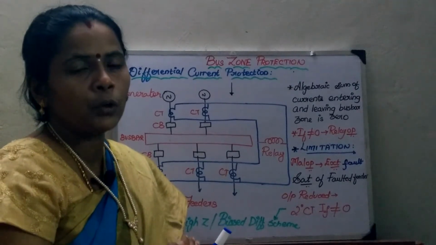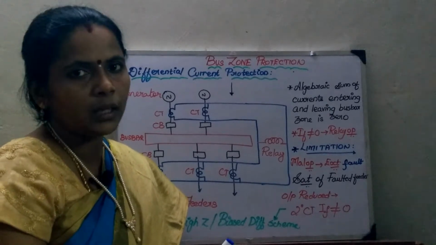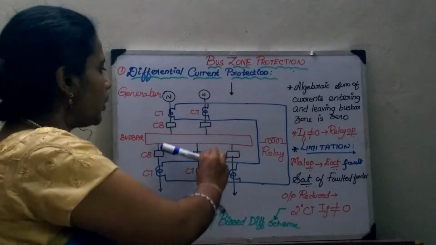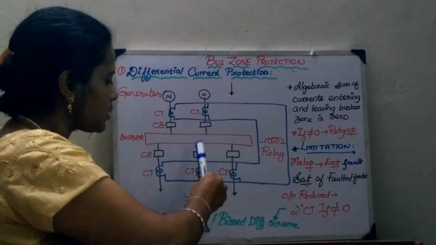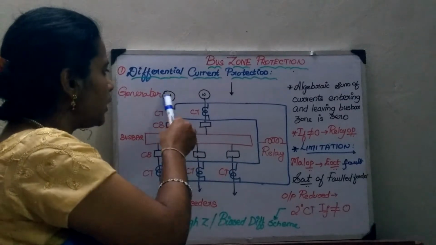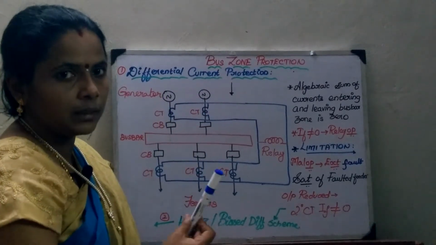Now, we will see how to draw the circuitry and then analyze the remaining concept. Just draw the bus bar. On one side you have the generating station, on the other side the feeder. Through the circuit breakers, draw the feeders and the generators. Once this is drawn, other things are simple.